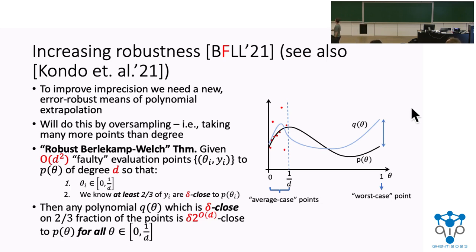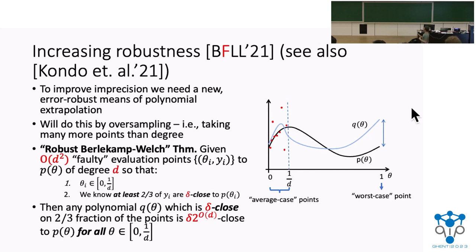Okay, so let's look at the picture here. We have a black polynomial. That's p. That's the polynomial we want to understand. We're not given p explicitly. That would be too easy. Instead, we're given these red evaluation points and promised that 2/3 of them are delta close to the curve p. Now we're saying, suppose someone comes along and gives you this blue curve, q.